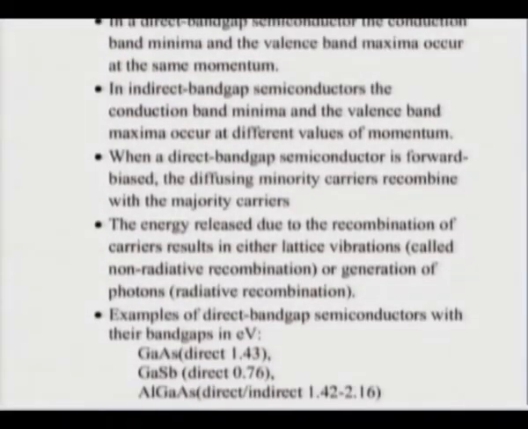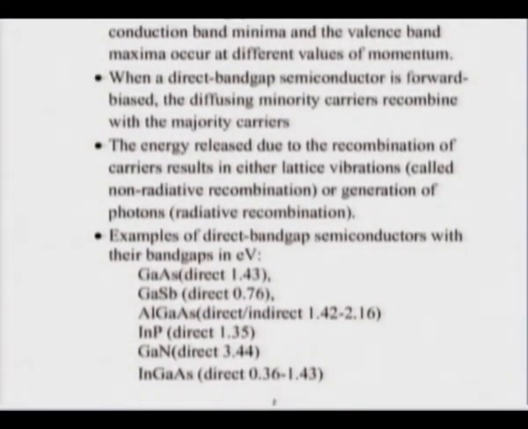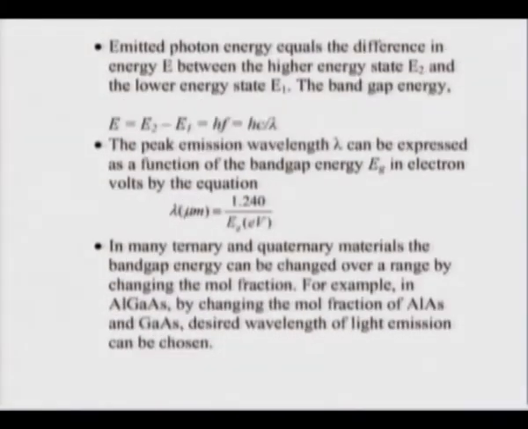And we said that in some of these semiconductors you can change the band gap by changing the mole fraction, because most of them belong to, especially the ternary like aluminum gallium arsenide or even quaternary. There, by changing the mole fraction, you can change the band gap, thereby you can change the lambda of the light emission.